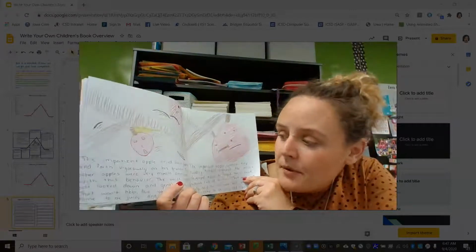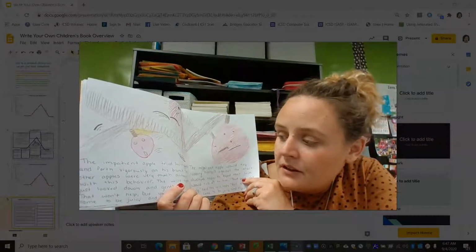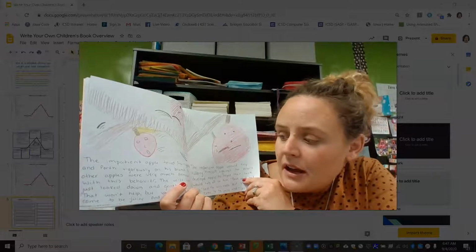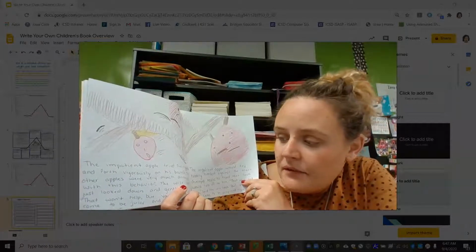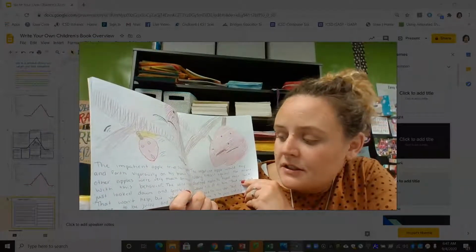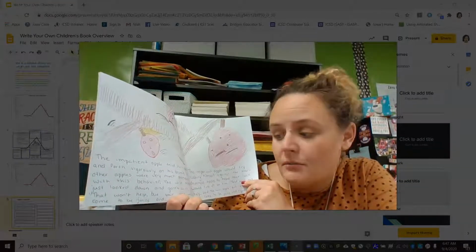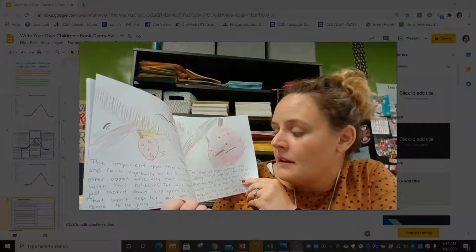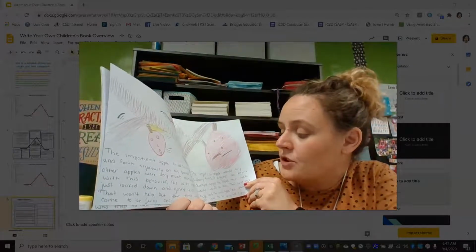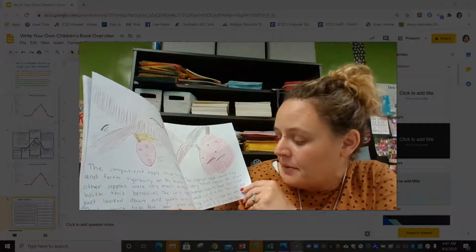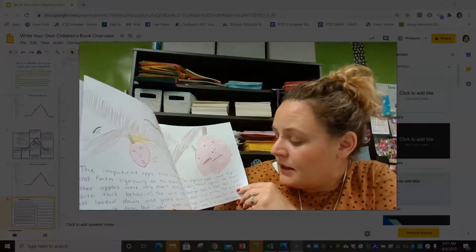The impatient apple tried swinging back and forth vigorously in his branch. The other apples were very much annoyed with his behavior. The wise apple just looked down and gently said, "That won't help, but your time will come." The impatient apple would try rubbing himself against the more developed apples. He hoped their luck would rub off on him.